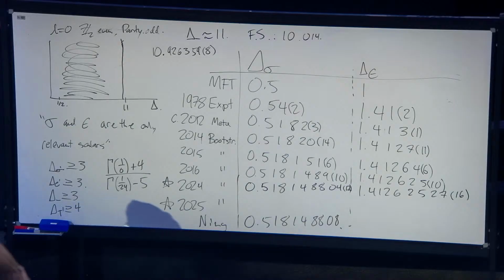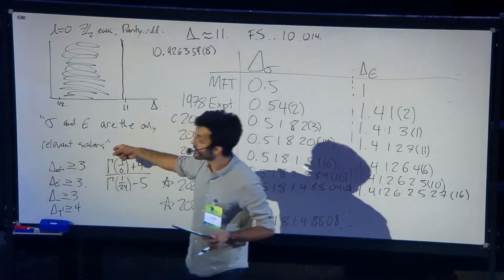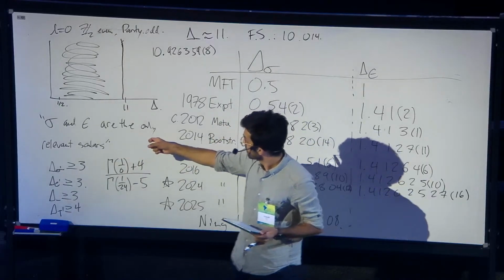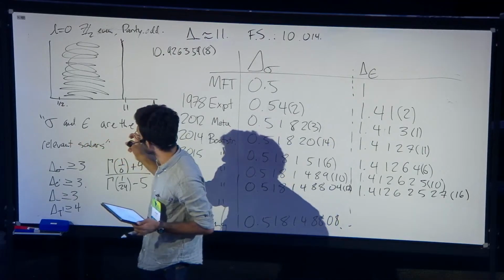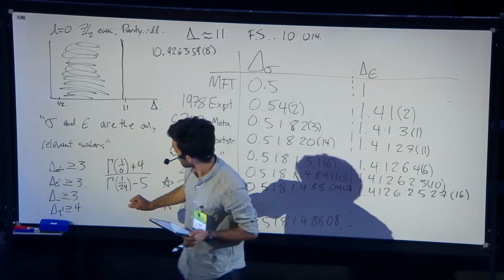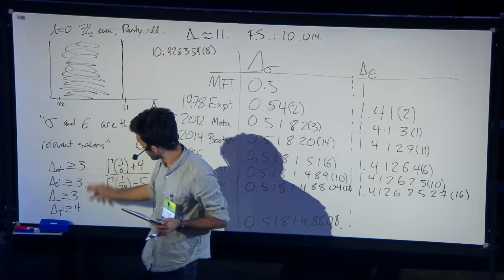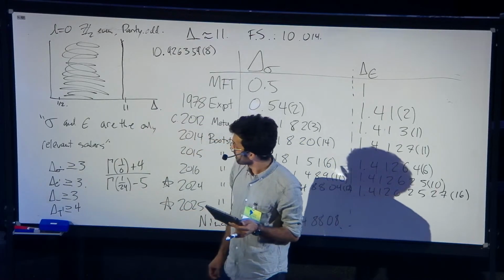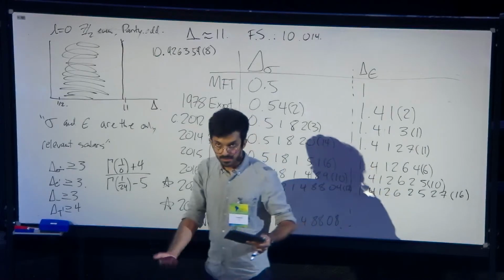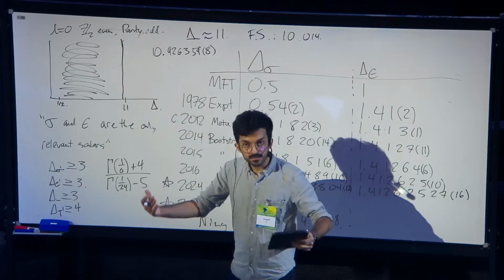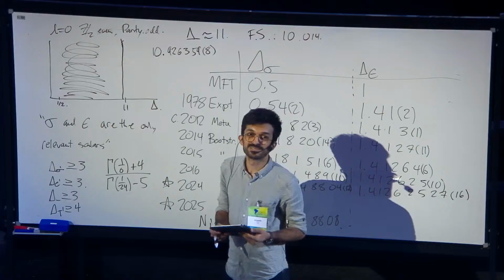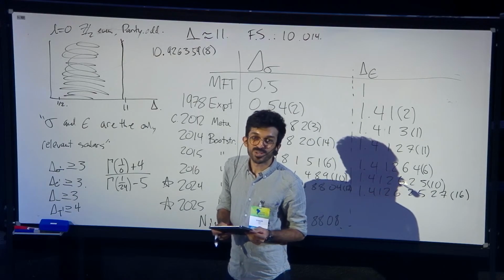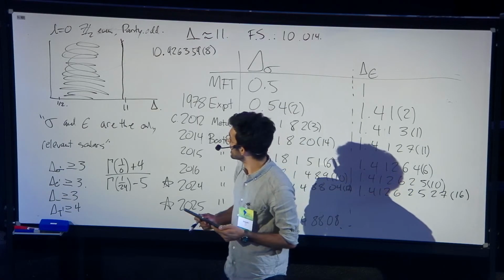suppose now we revisit our assumptions. We started with the very conservative assumptions that sigma and epsilon are the only relevant scalars, which created roughly this set of assumptions. And this is a very conservative set of assumptions based on empirical observation that you can get to the critical point of, say, water by tuning pressure and temperature.